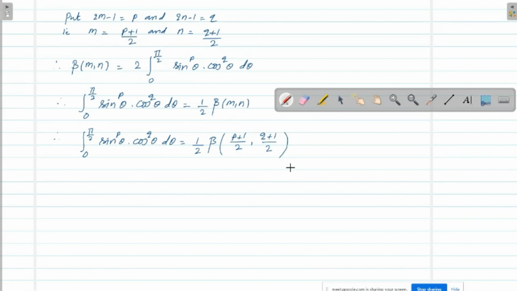This is the formula we will use while evaluating the integral. You must remember this important formula. We will take an example which is very important for you.